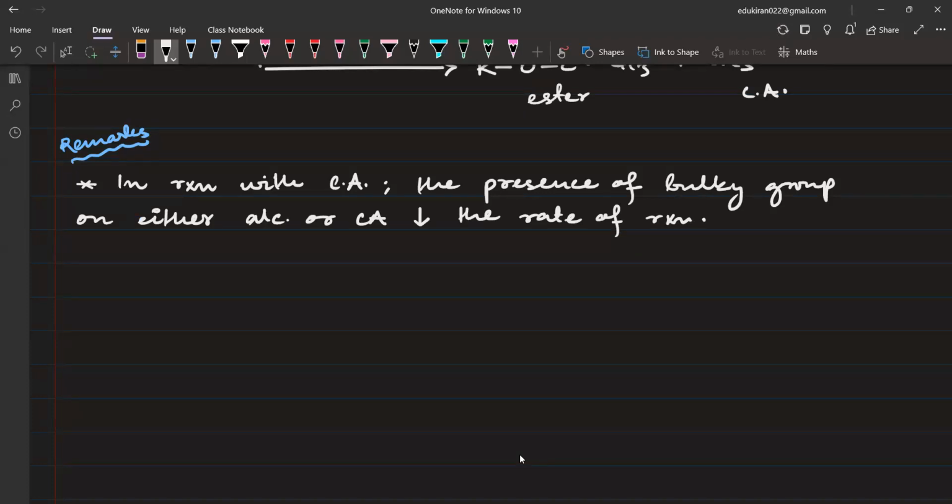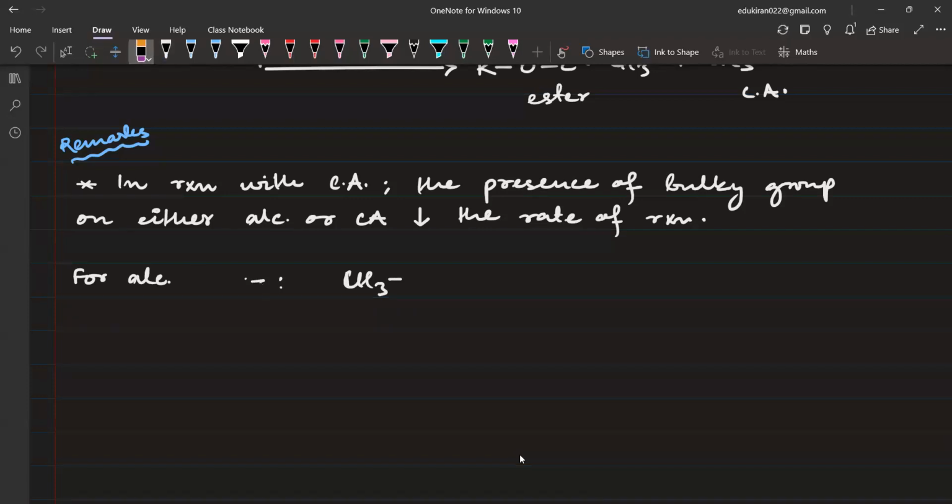It decreases the rate of reaction. So for alcohol and for carboxylic acid, basically the rate of reaction will be fastest when it is CH3OH.